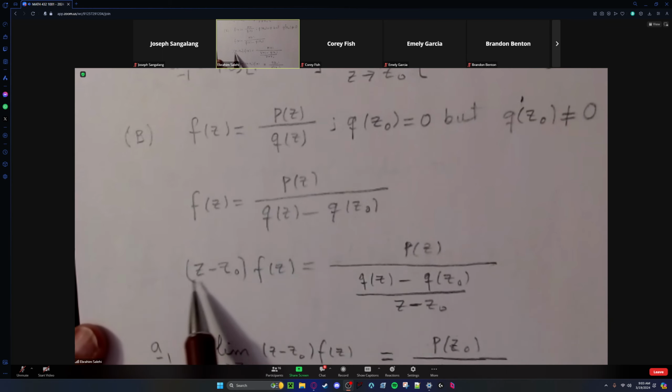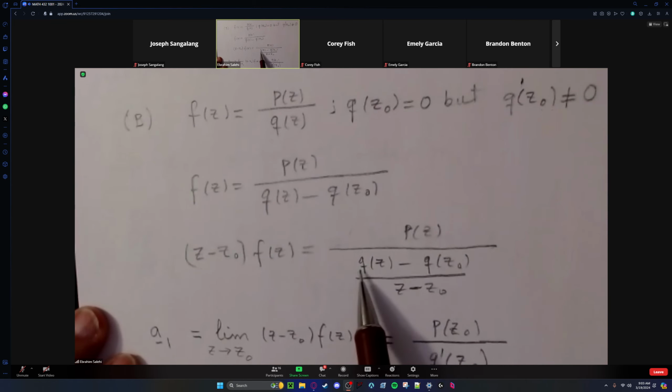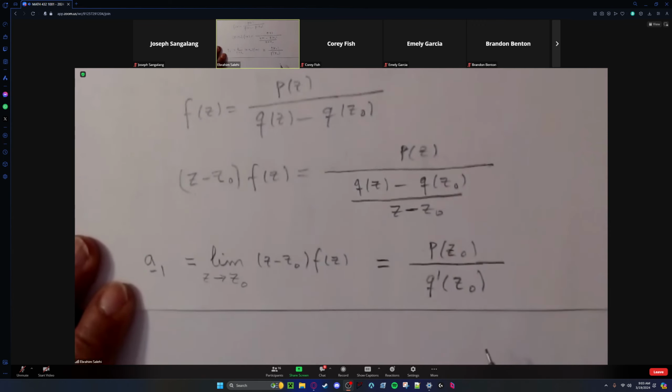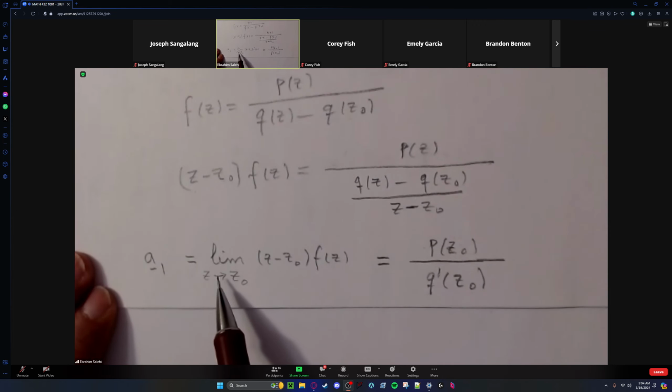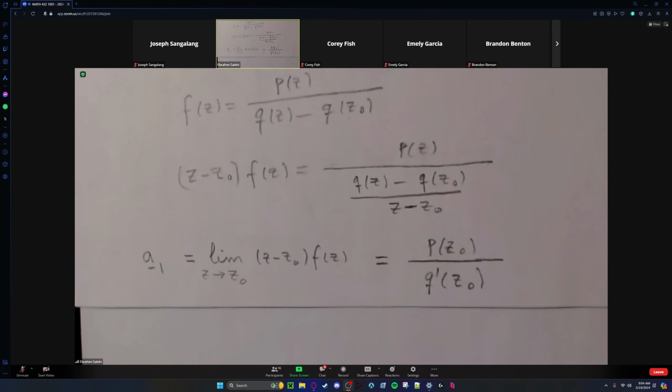Now, as you take the limit as z approaches z naught, the denominator here will be the derivative of the denominator evaluated at z naught. So here is the second approach, the second technique of finding the residue at simple poles. Remember, simple poles, all right? Simple.